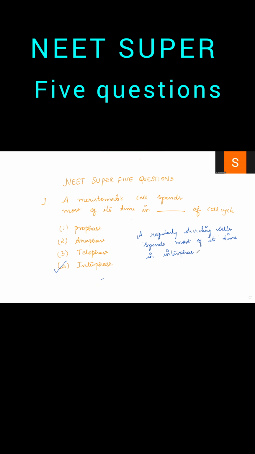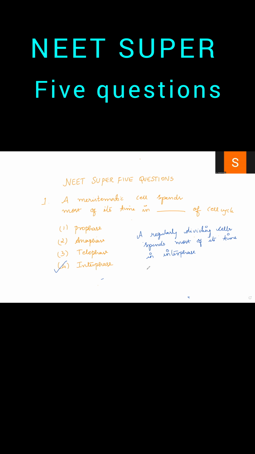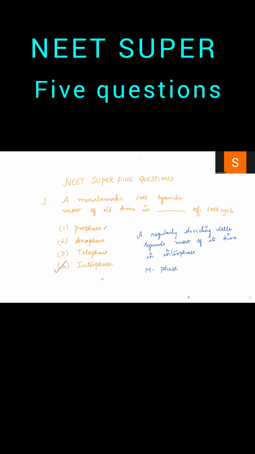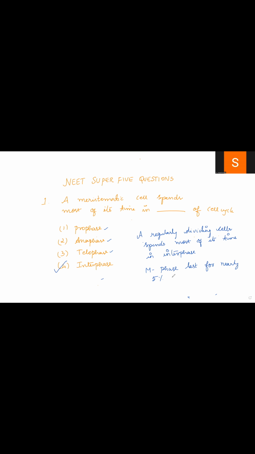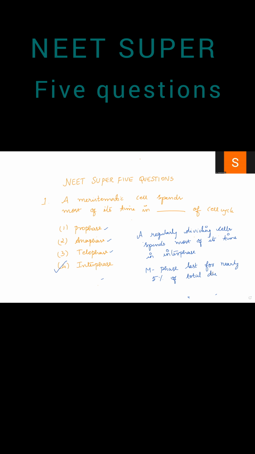Because the interphase lasts for about 95% of the time. Only the M phase, which includes prophase, metaphase, anaphase, and telophase, lasts nearly 5% of the total duration of the cell cycle.